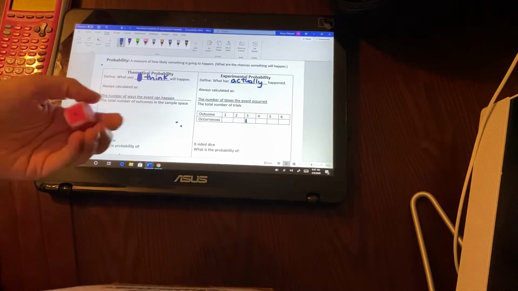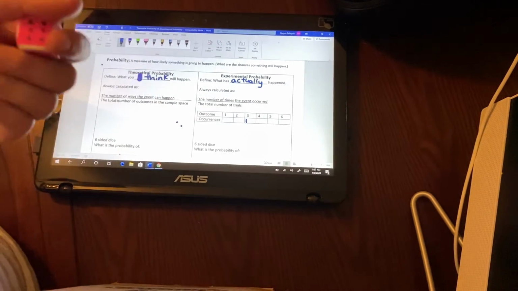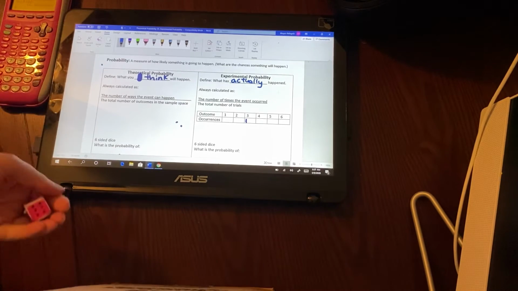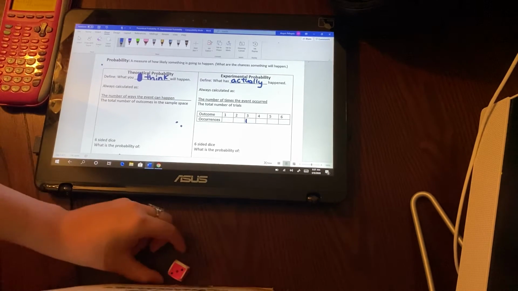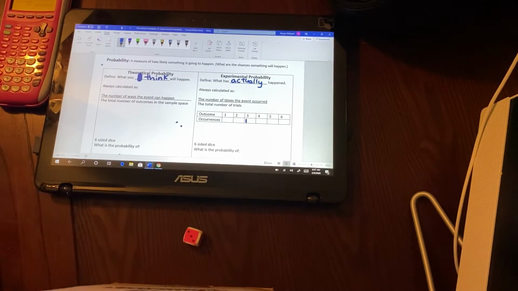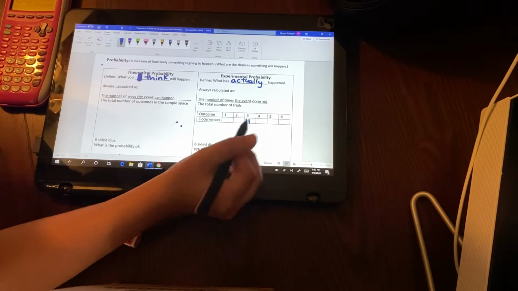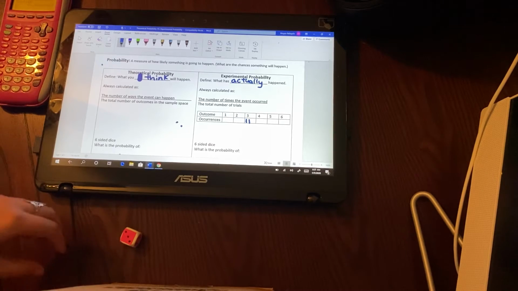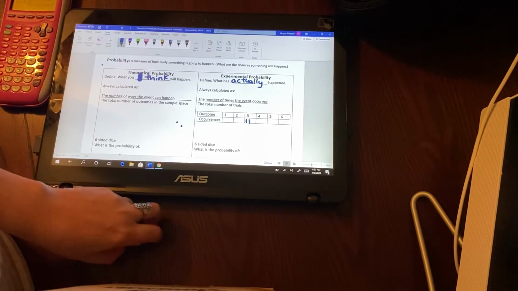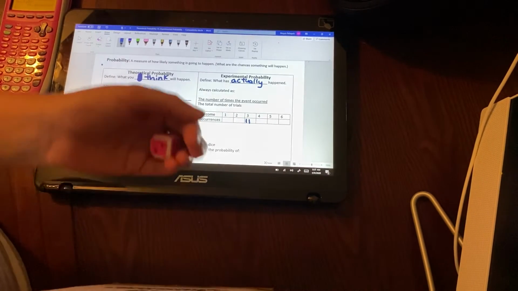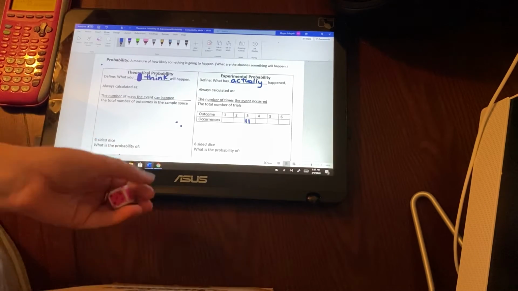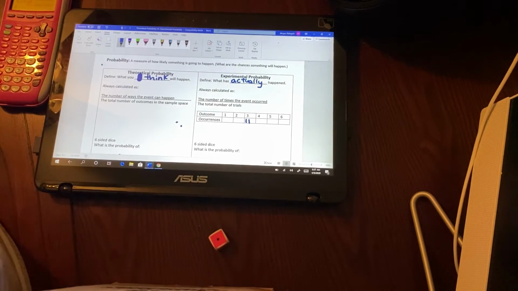But we know that if we roll this die again, we probably aren't going to get a 3 again. So let's roll again. Oh, and we did. Okay. So we're still at 100% chance of getting a 3 because it's the only thing that we have rolled. It's not likely that it's going to keep happening though. We know that because of our theoretical probability.